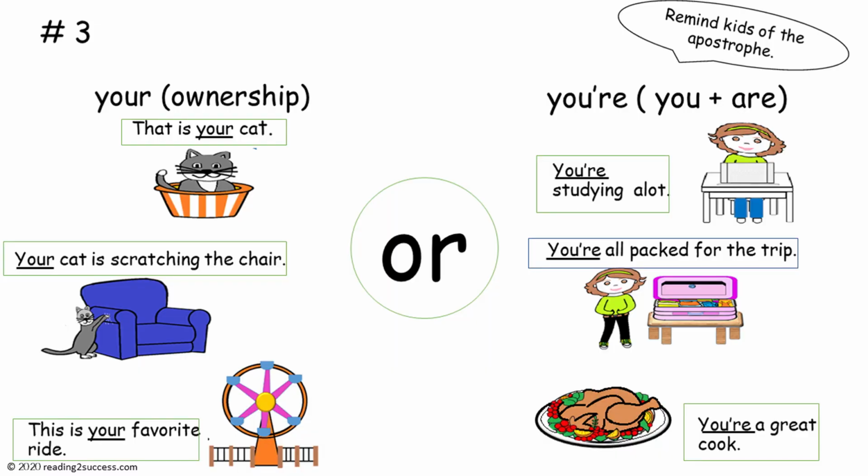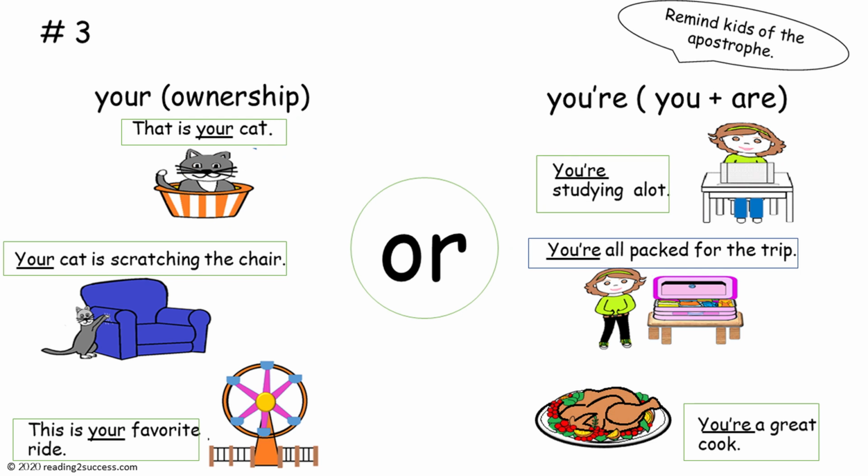Now introduce kids to number 3, your and you're. Y-O-U-R shows ownership, and Y-O-U apostrophe R-E is the contraction for you are. Let's go back to ownership. The three examples are, that is your cat.